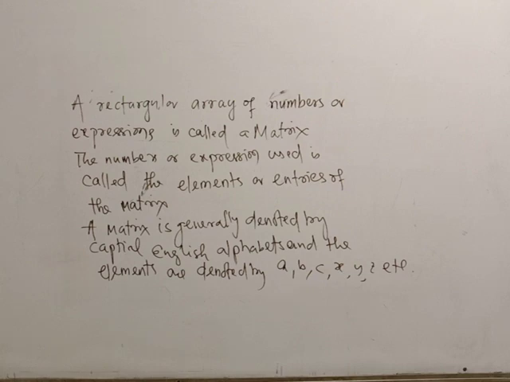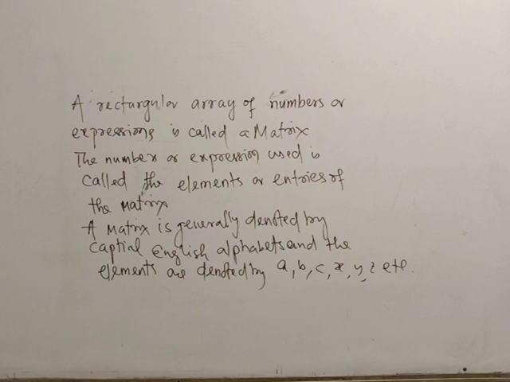Next, how we denote a matrix and its elements: a matrix is denoted by capital English alphabets and its elements are denoted by small English alphabets.